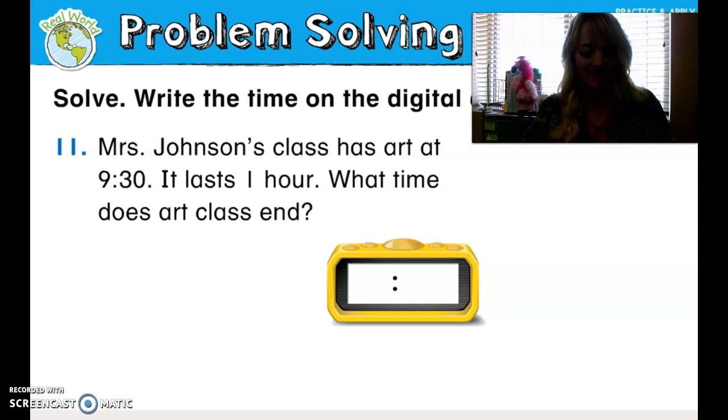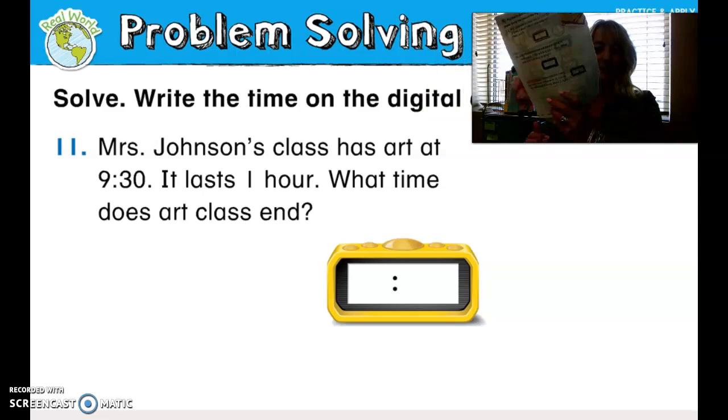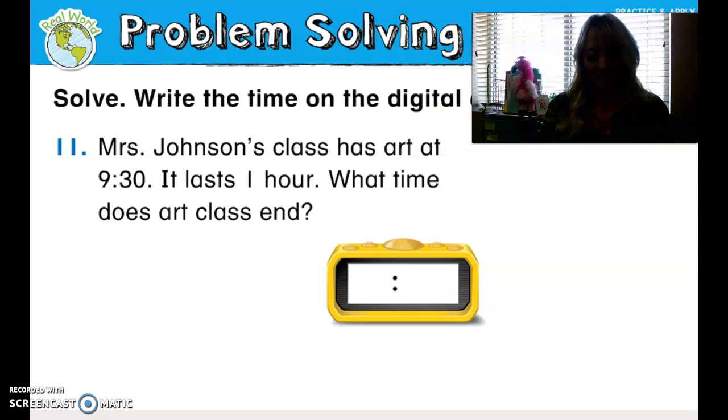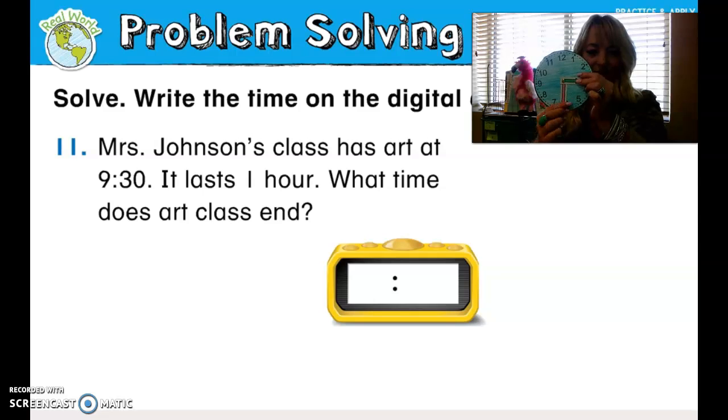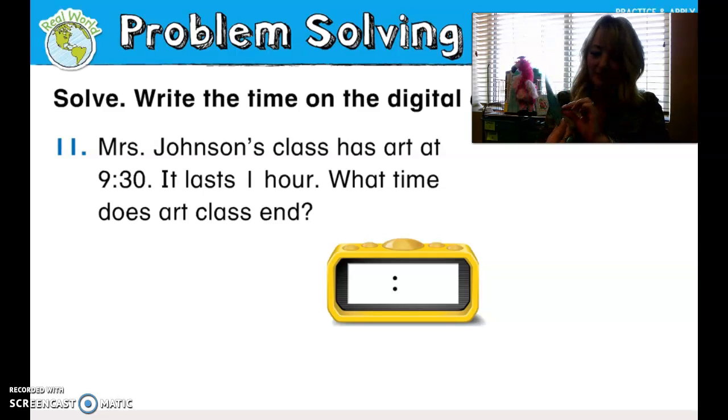Now we're going to be on the back side together, which has a picture of a little paint set. Now it says, Mrs. Johansson's class has art at 9:30. It lasts 1 hour. What time does the art class end? So you can pretty much leave the minute hand where it is because we know we're going to go for a full hour. So it starts at 9:30.